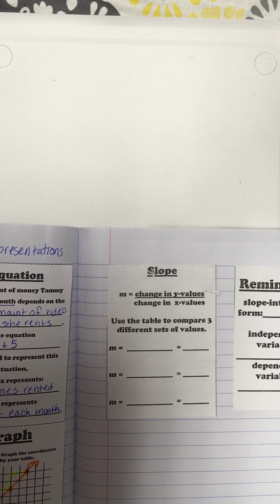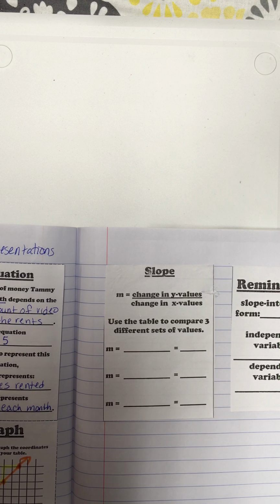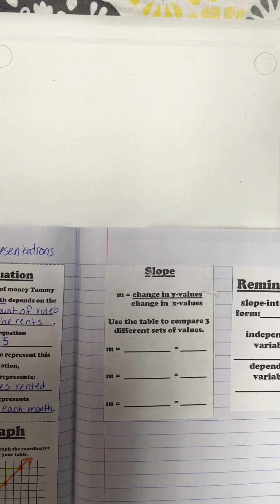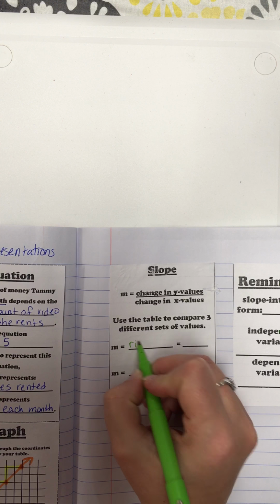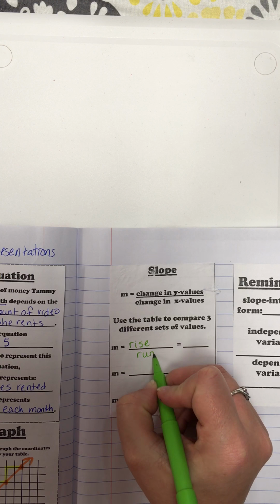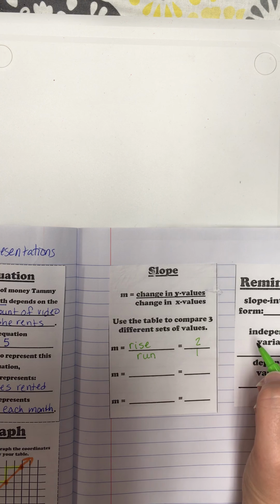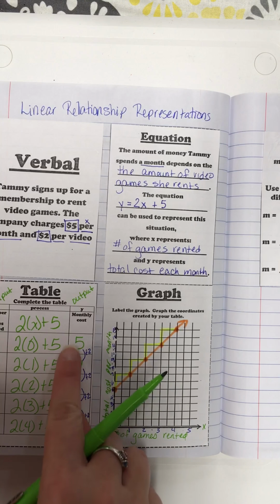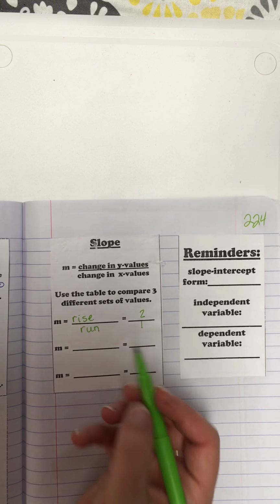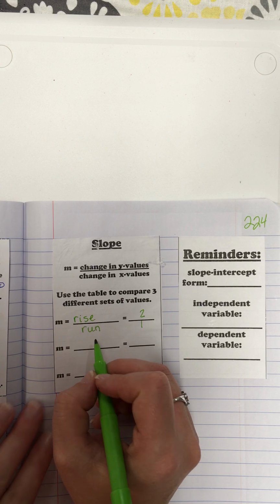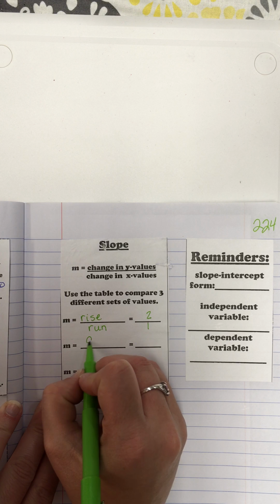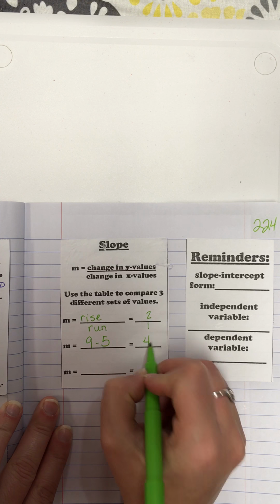Okay, let's look at this side. Same title on this side, linear relationship representations. Okay, so it tells us that slope is the change in the y values over the change in the x values, using the table to compare the 3 different sets of values. We would say rise over run. It's going to give us 2 over 1. We also could go from the 5 to the 9, so for that rise over run, let's just say 9 minus 5 gives me 4.